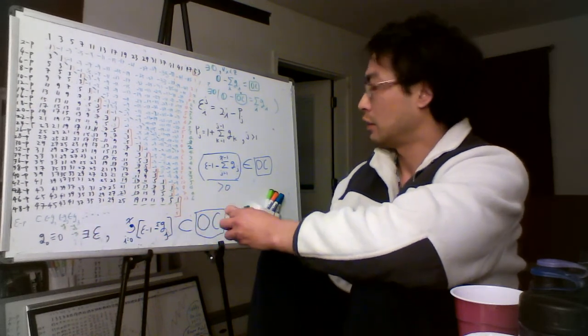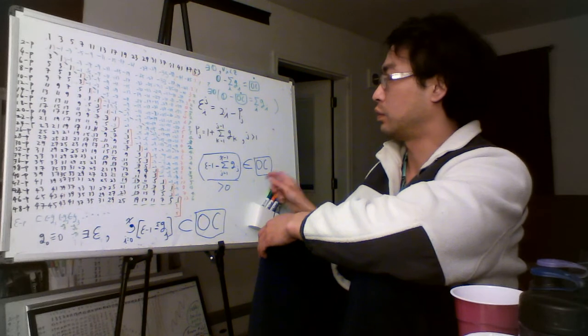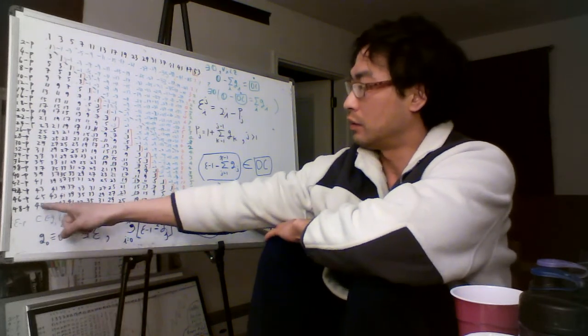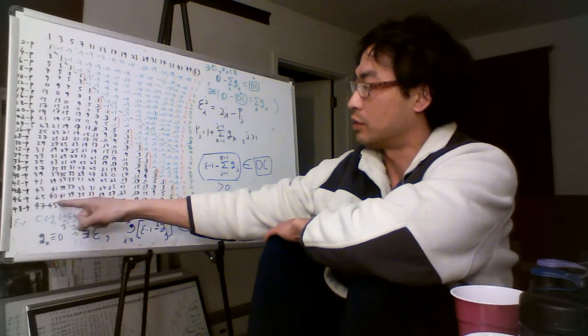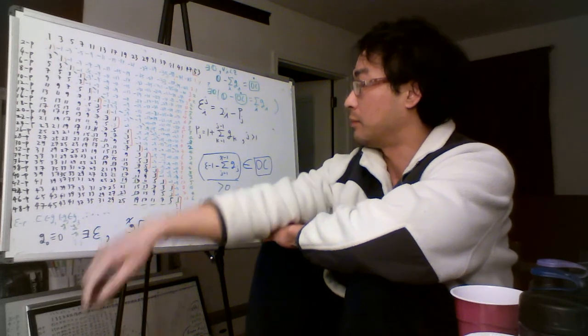The difference between two adjacent numbers corresponds to the prime gap, basically.